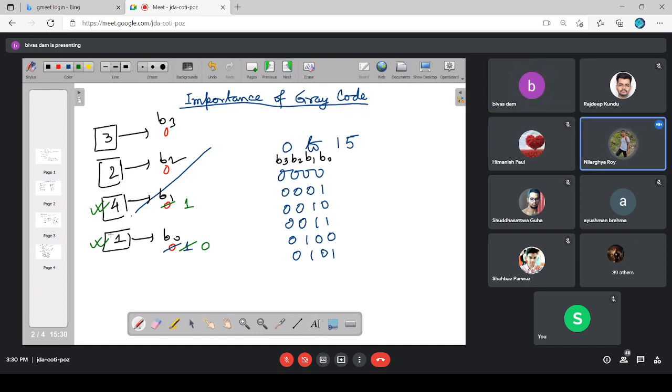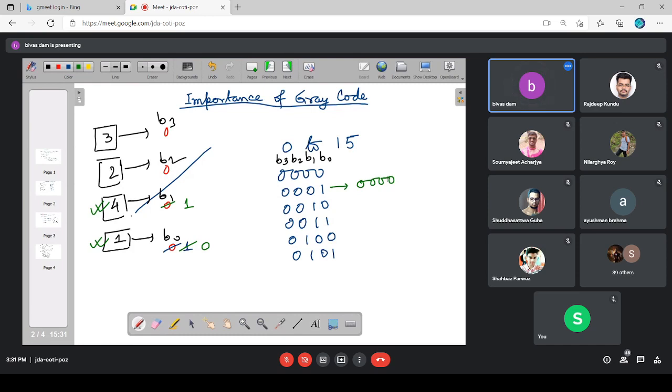So now B1 and B0 both are changing their states. As two circuits are changing their states, now the relative delay between the two circuits will come into the picture. Out of these two circuits, which one is responding faster than the other one? B0. So what will happen is, from here, first you will be getting 0, 0, 0, 0.